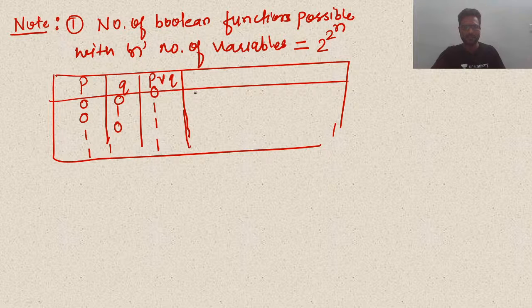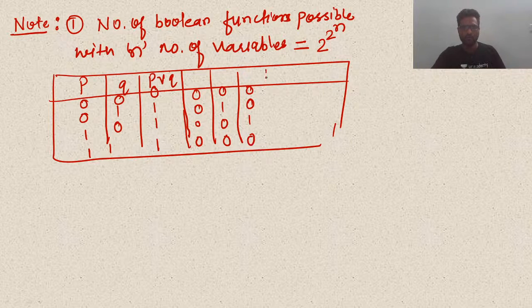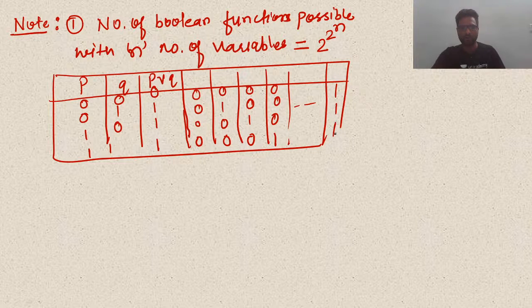One more possible function is 0, 0, 0, 0. One more is 0, 1, 0, 0. One more is 0, 0, 1, 0. One more is 0, 0, 0, 1. And lastly one will be 1, 1, 1, 1.